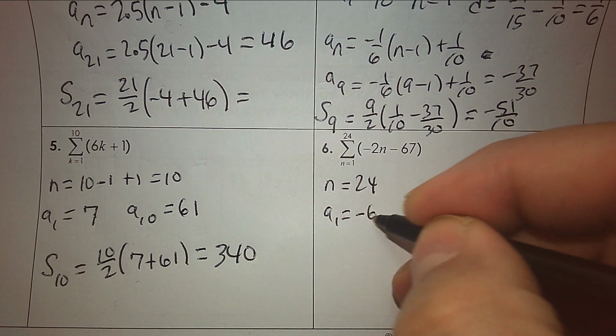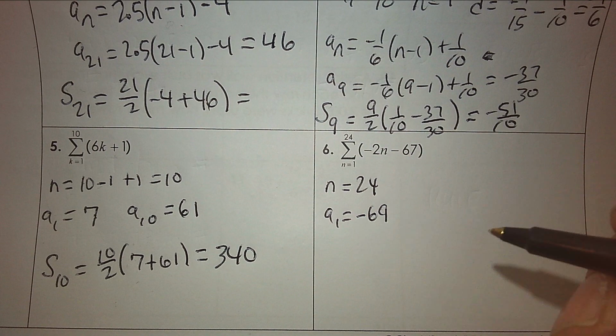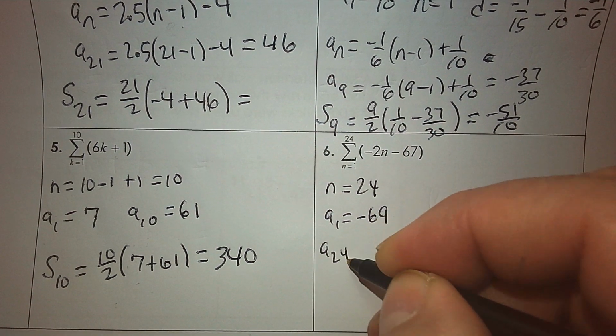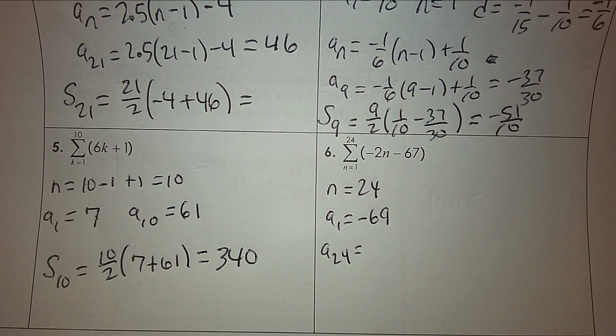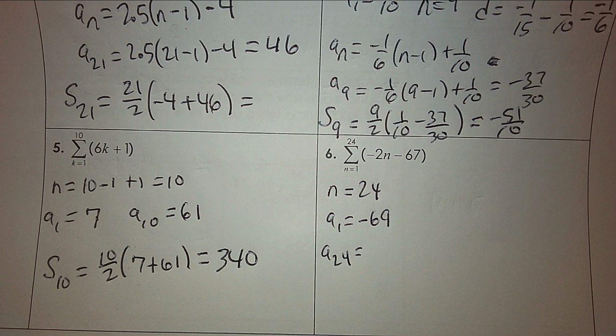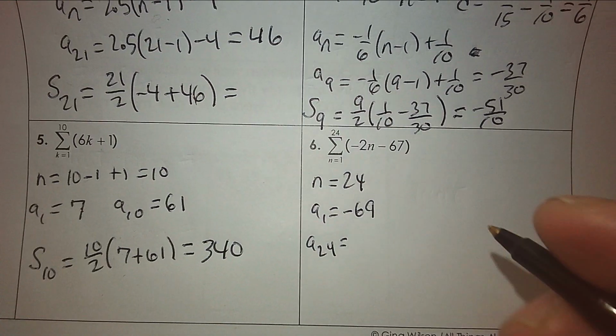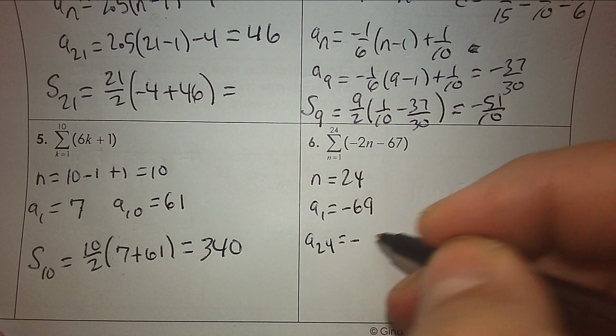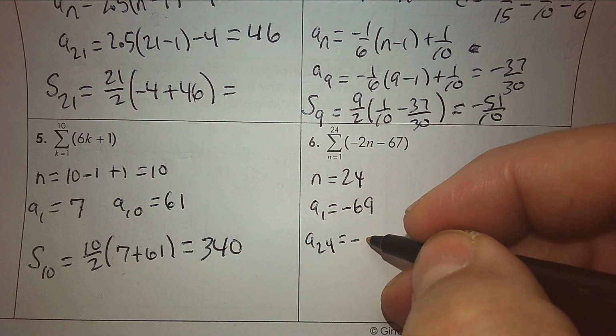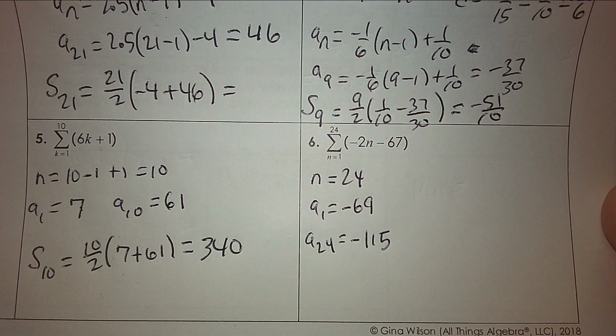Negative 69. Plug in 24. What's the last term? You might need a calculator. Negative 48 and negative 67. Negative 115. That's all I need.